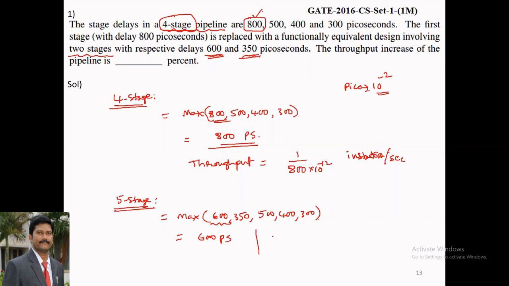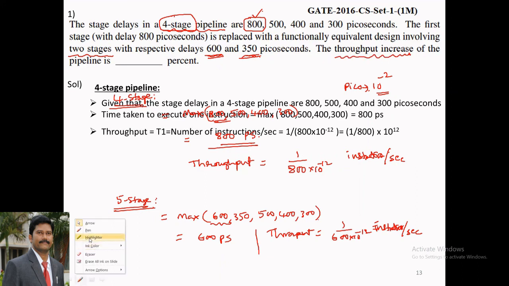Now what is the throughput here? Throughput equals 1 by 600 into 10 power minus 12 instructions per second. That means if the time to execute one instruction is 600 picoseconds, then per second it will execute 1 by 600 into 10 power minus 12 instructions.